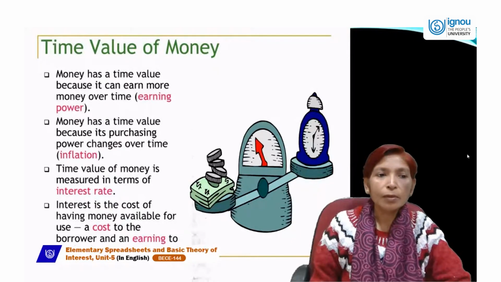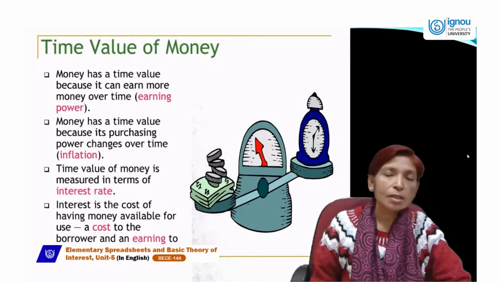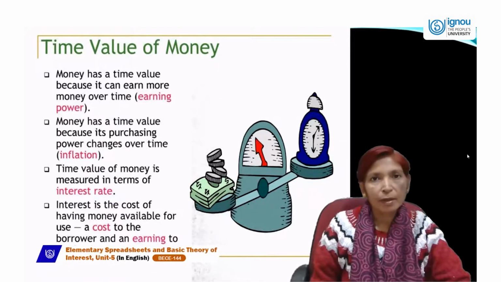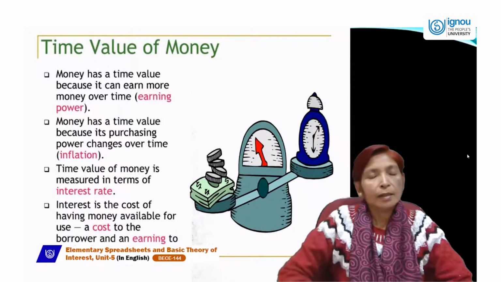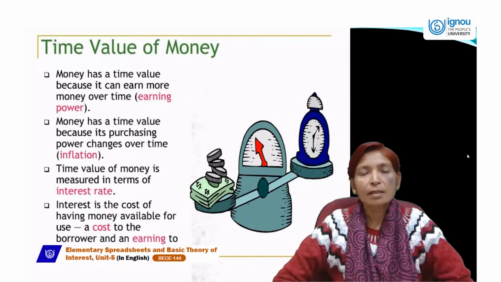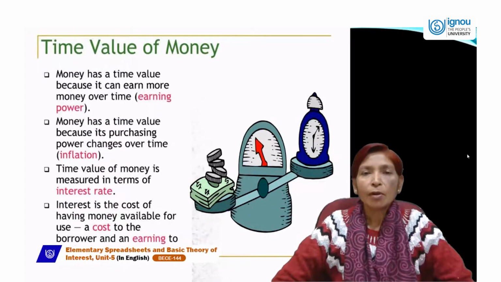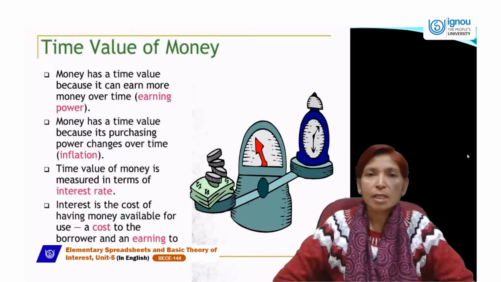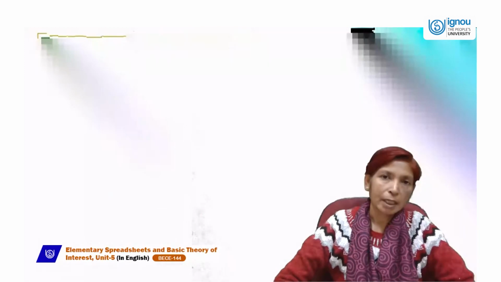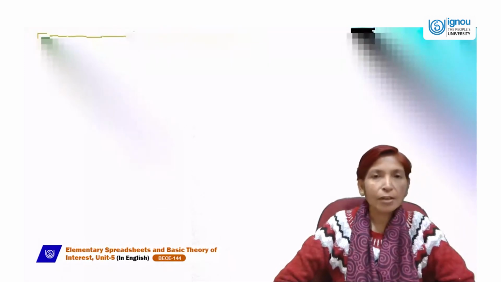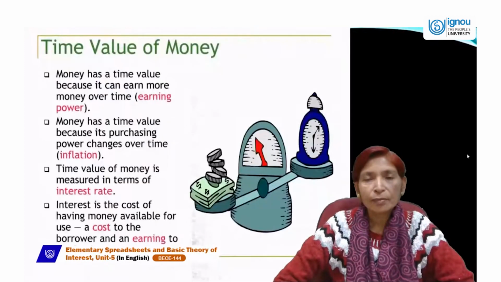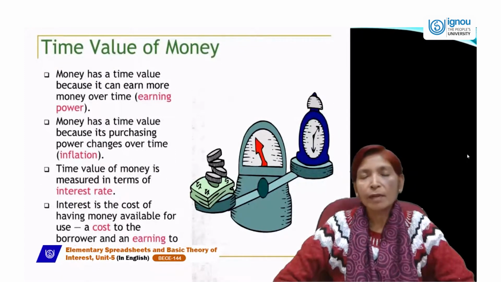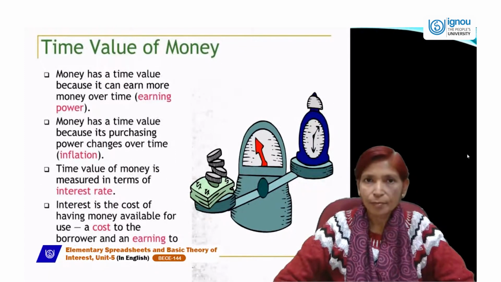Money has a time value because its purchasing power changes over time. As we discussed, the value or purchasing power of money changes depending upon the supply of money. When the supply of money rises, the price level will also rise.